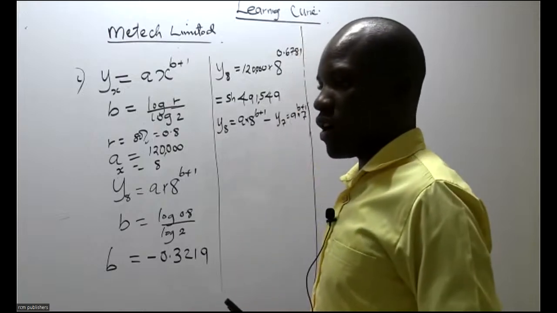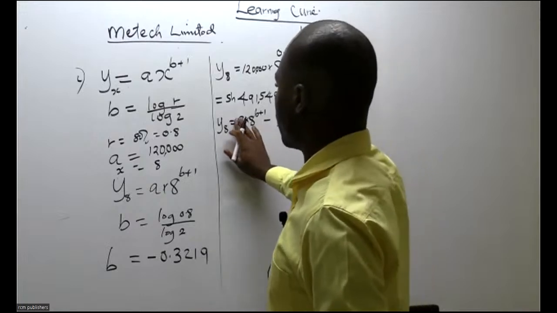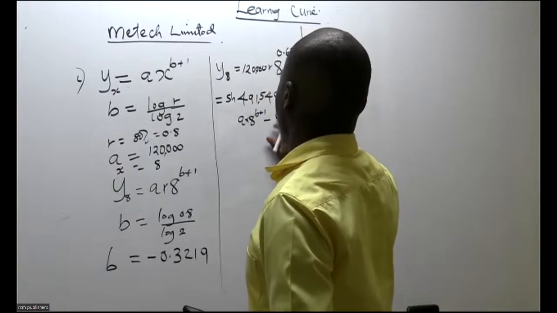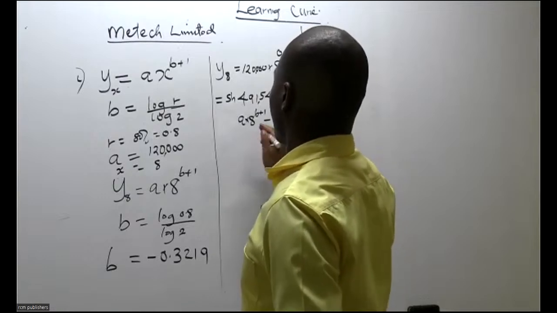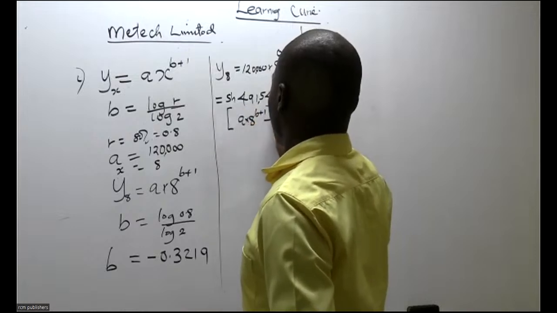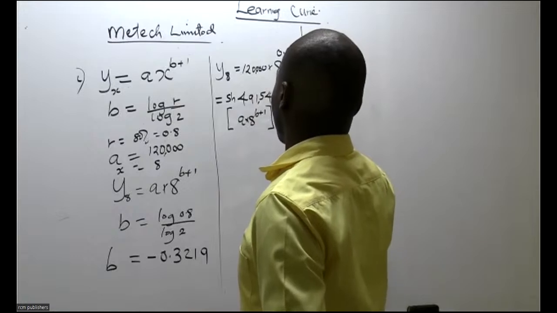That is what we need to have there. So it will be this minus what we have on this other side.